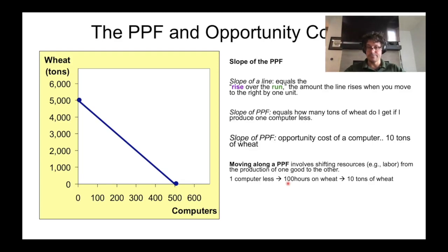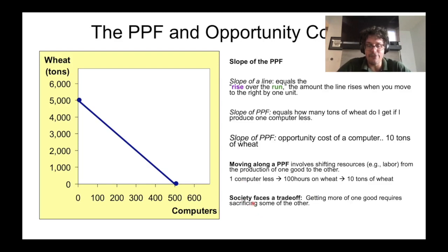Well, 100 hours of labor that we can use in order to produce wheat. Now, 100 hours of labor, how many tons of wheat do they produce? Well, 100 hours divided by the 10 hours per ton of wheat will tell us how many tons of wheat we can produce, which is 10 tons of wheat, which is how we get this number.